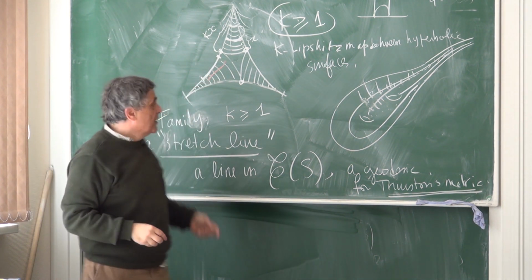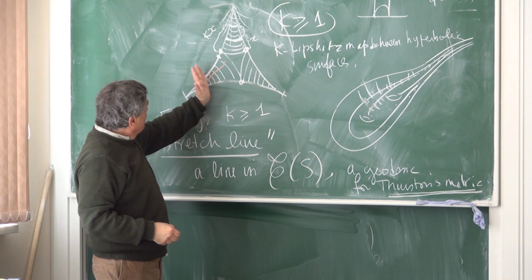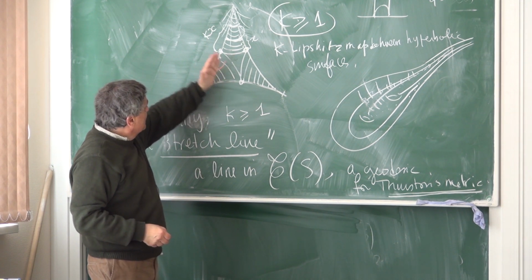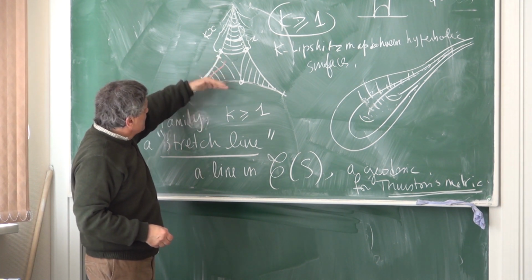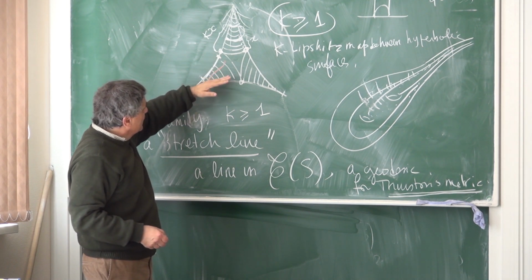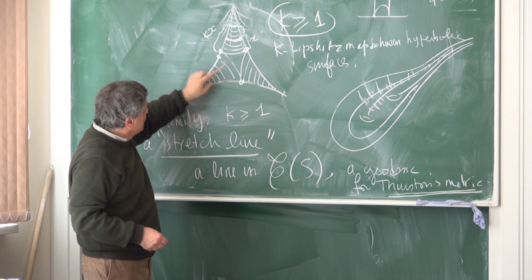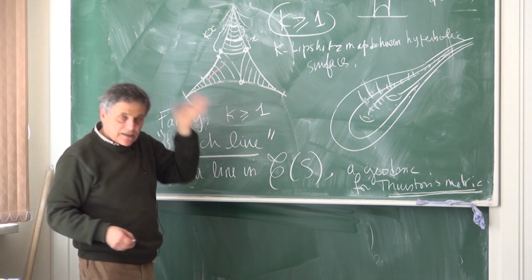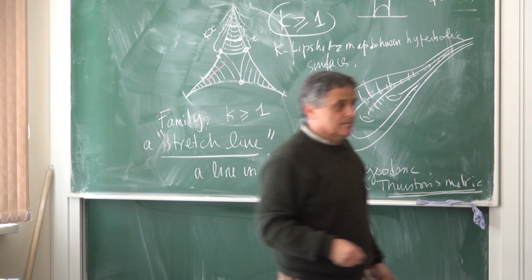Okay, and because the horocyclic foliation is perpendicular and so on, there's a symmetry from here to here. This transverse measure is the same whether you project on this side or this side.